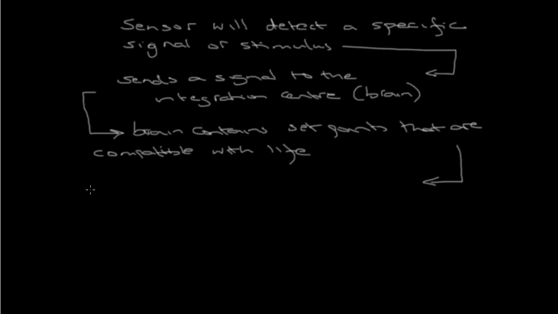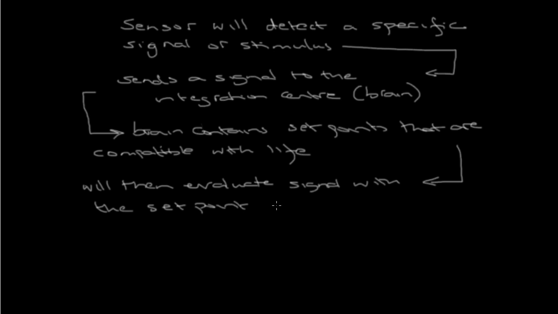And what the brain will then do, it'll then evaluate the signal with the set point to see if it is higher or lower than the set point.